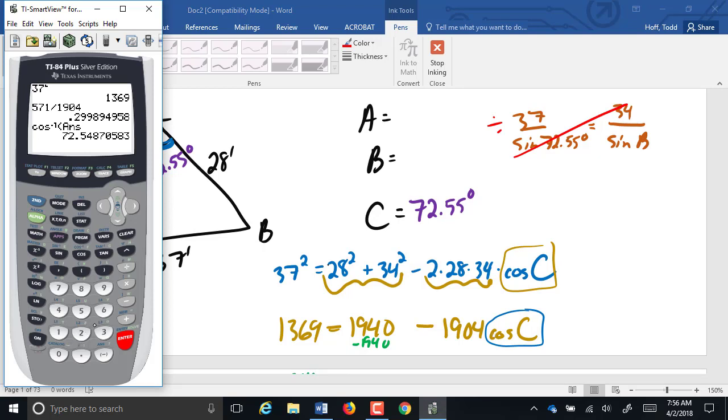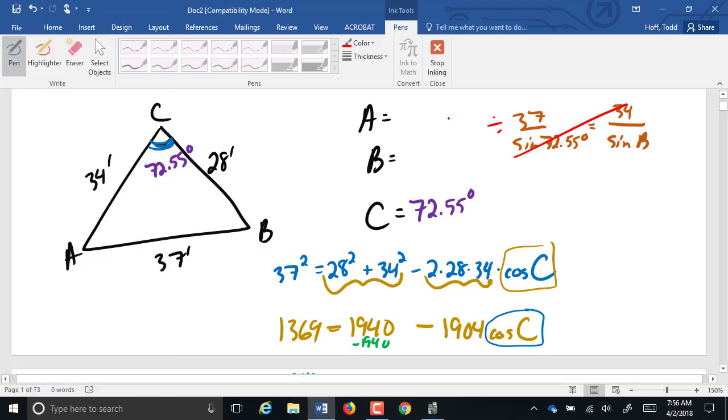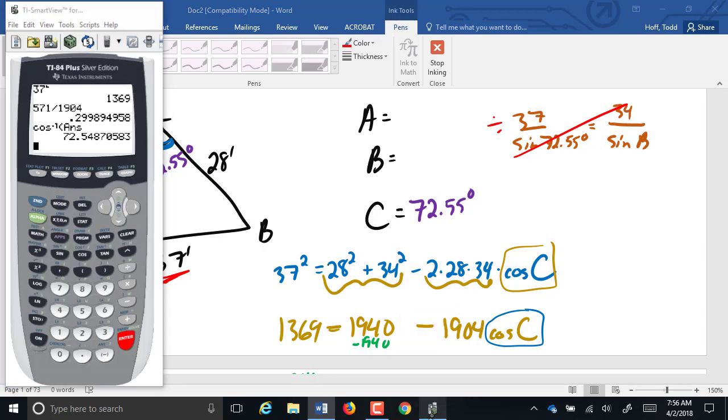Actually, I didn't do the smaller one. Does it matter here which one I use? 37 is already the biggest side, right? So if any angle were going to be obtuse, it would be C. But you're right, 28 is the smaller one, but in this case, it won't matter.